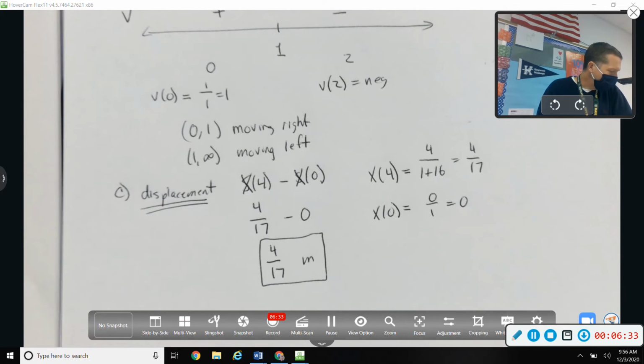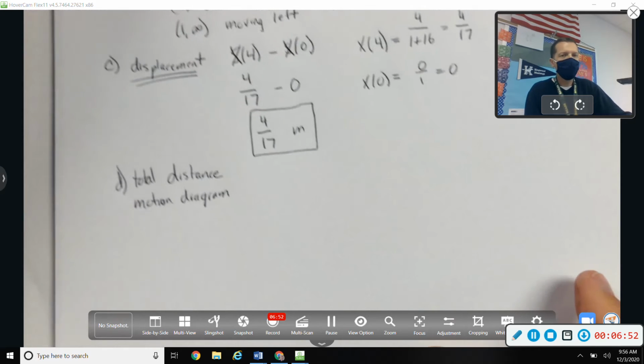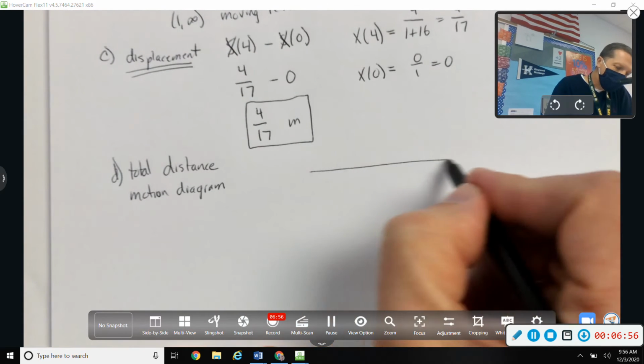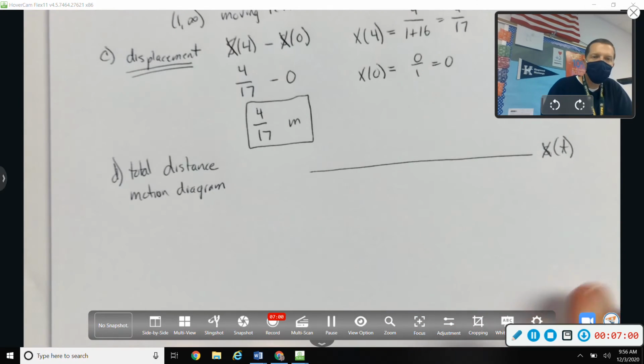Part D, find the total distance traveled. Well, it doesn't ask for one, but I'm going to do a motion diagram because that will help me with total distance. So a motion diagram is the number line that's the position number line, the position graph.